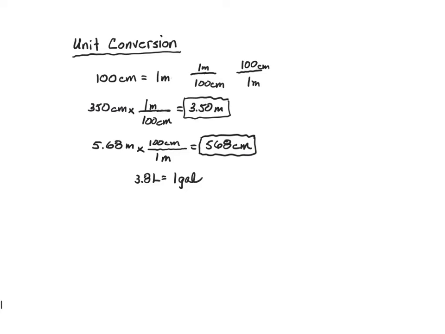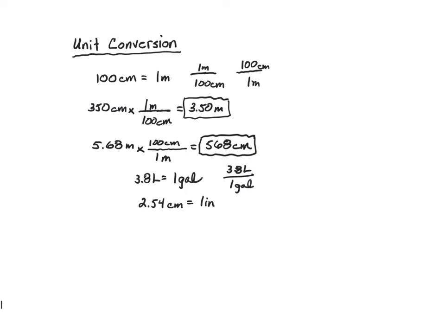Another one that's pretty common is 2.54 centimeters is equal to 1 inch. Okay, again, any possible unit conversion you can imagine is going to operate the same way. We just have to use these equivalencies to come up with conversion factors.